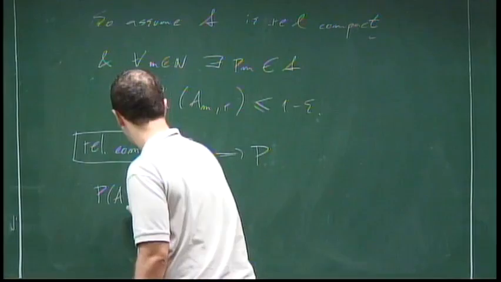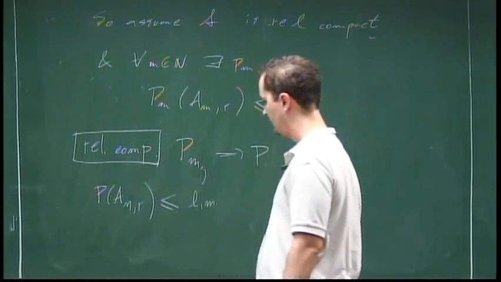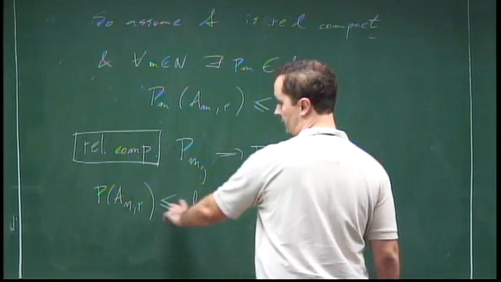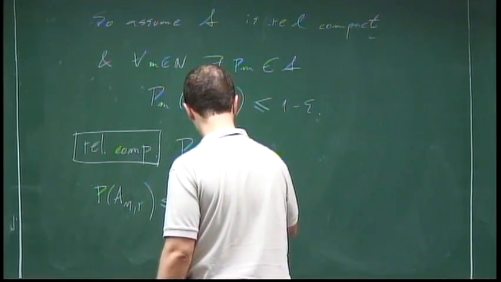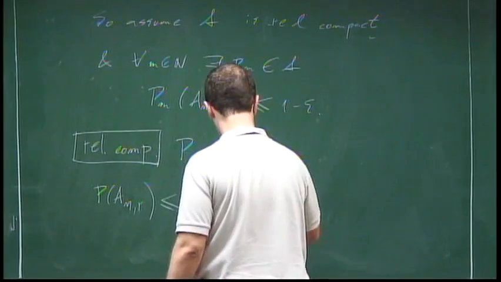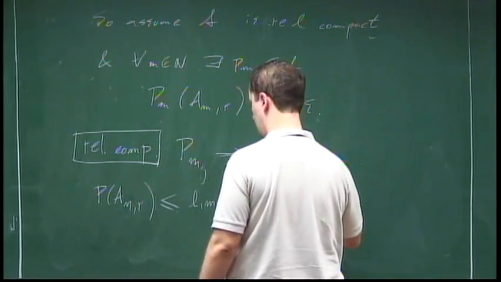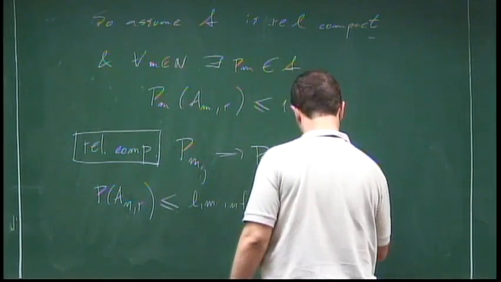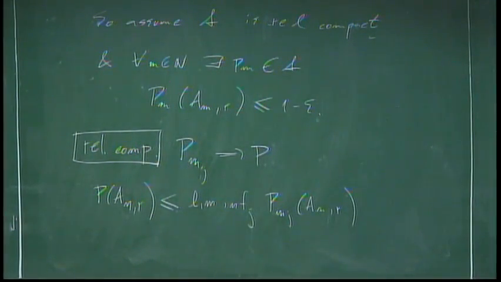Okay, maybe replace this by n. This is less than or equal to the limit infimum in j of P_{m_j} of A_n^r, because A is an open set.